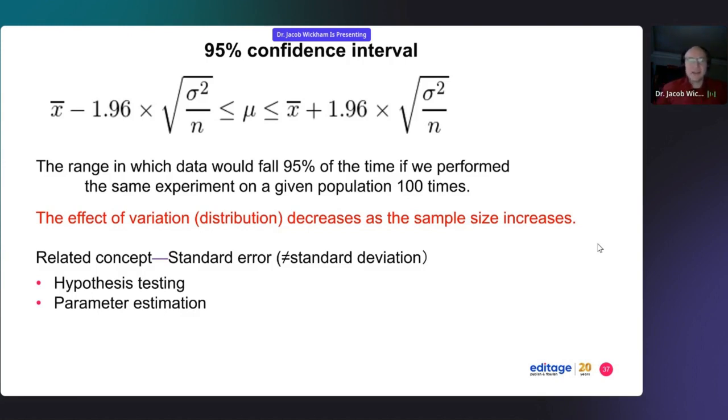And this is related to hypothesis testing and parameter estimation. So one thing you can do is a power test, and this will tell you how big of a sample size you need to be able to analyze your data and take into account how large your variance is.